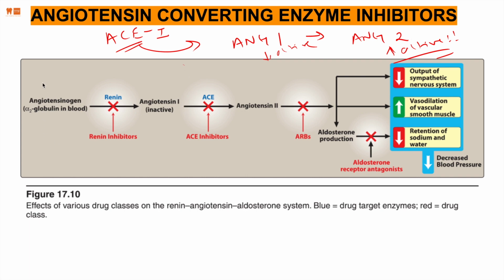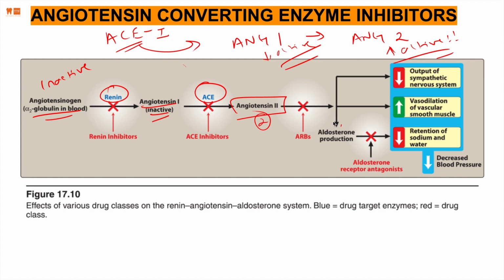So angiotensinogen, the inactive, is just swimming around in the blood, and then renin comes along and converts it to angiotensin 1. It's still inactive, right? Not so active. Angiotensin 2 is now formed with ACE's help. This is normal function, ACE, angiotensin converting enzyme.